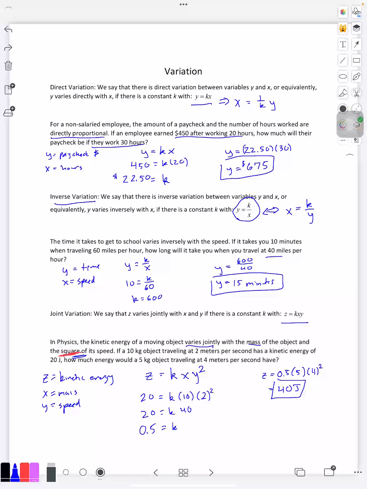But regardless, no matter what specific example we try to have for these types of problems, we just follow the same steps like this, and you can get your answer. But remember, direct variation, y equals kx, inverse variation, y equals k over x, and joint, z equals k times x times y.